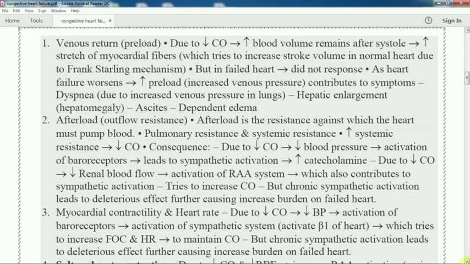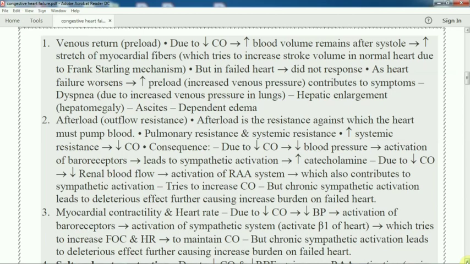Now myocardial contractility and heart rate: due to decreased cardiac output, blood pressure decreases, so the baroreceptor is activated, as we discussed earlier in afterload. Activation of the sympathetic system activates the beta 1 receptor of the heart, which tries to increase the force of contraction and heart rate. That means the beta 1 receptors present in the myocardium activate when the cardiac output or blood pressure decreases.